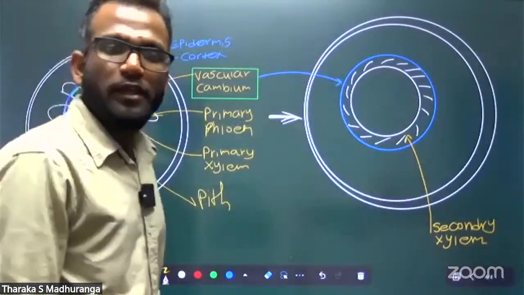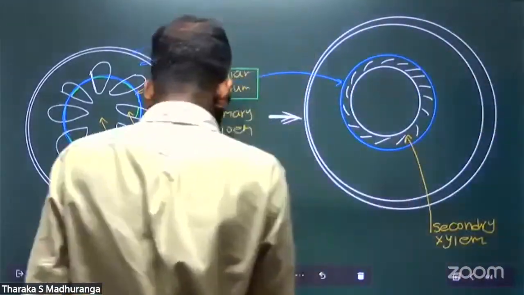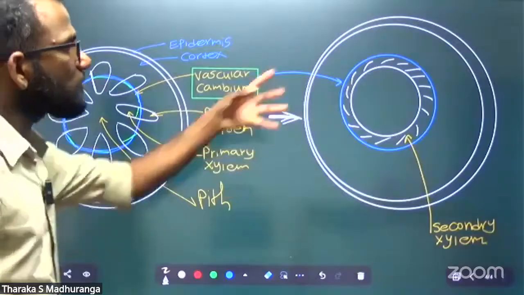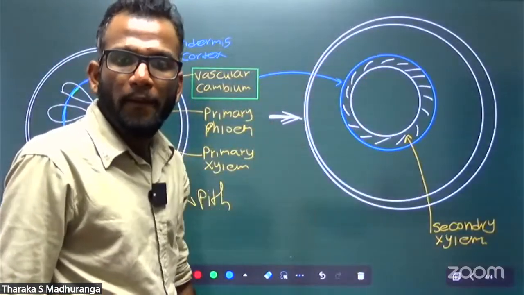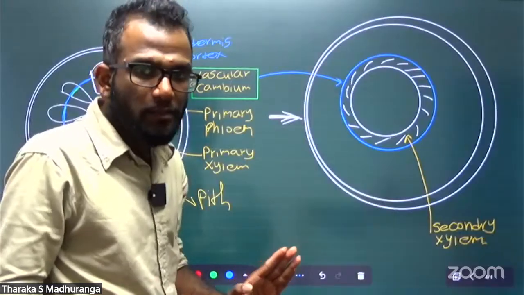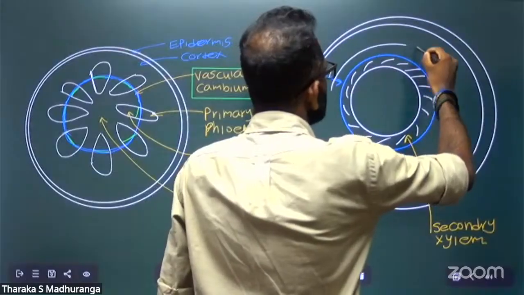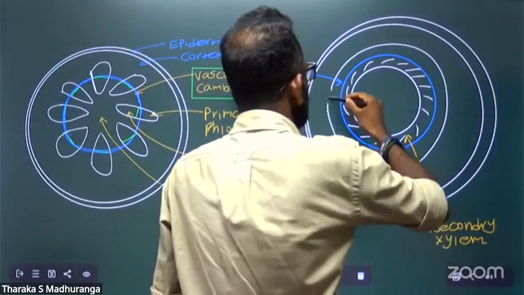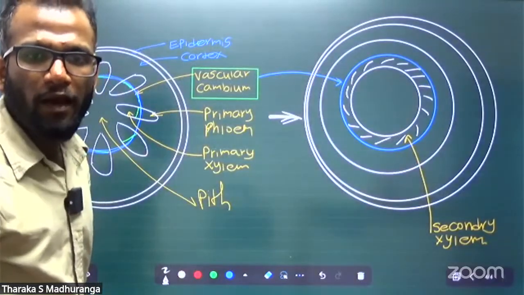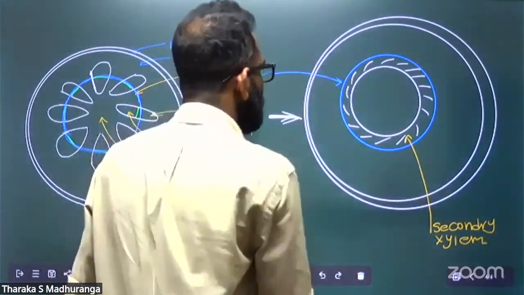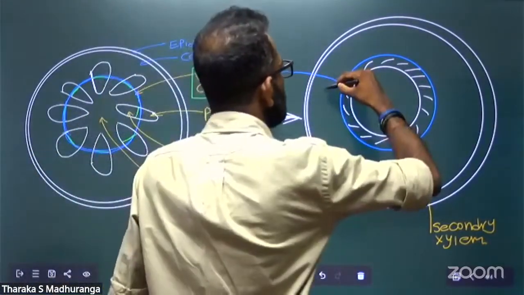Then what is outside of the vascular cambium? Is it phloem or xylem? It is phloem. Then it produces another ring. I will draw it in another color.